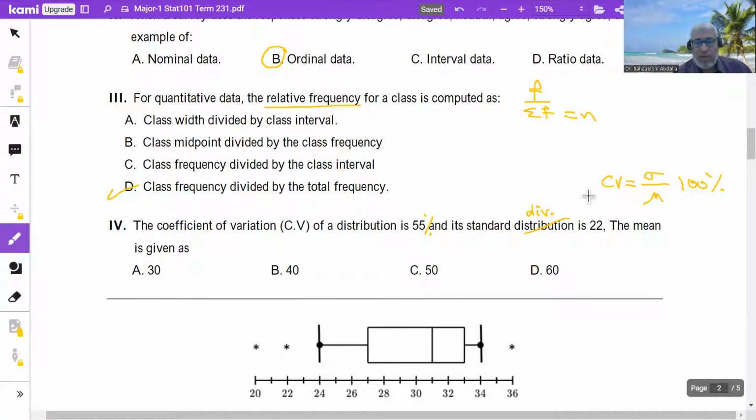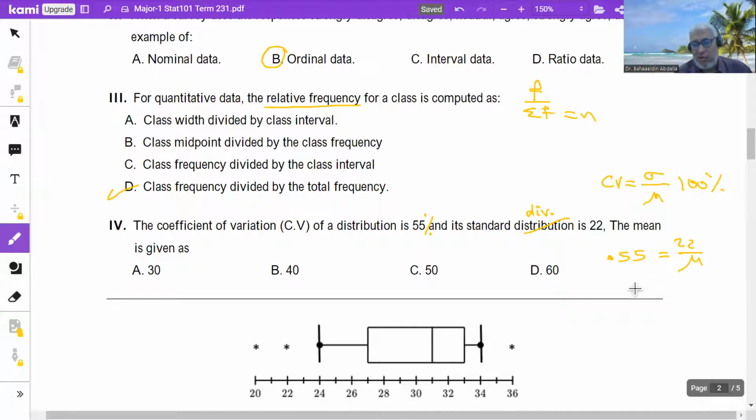So we can use this formula to find the mean. He needs the mean. What is the mean? Well, the standard deviation is 22, so sigma is 22. Mu is not known. And what is CV? Well, we have to divide by 100 and remove the percentage sign. So 55 divided by 100 is 0.55.